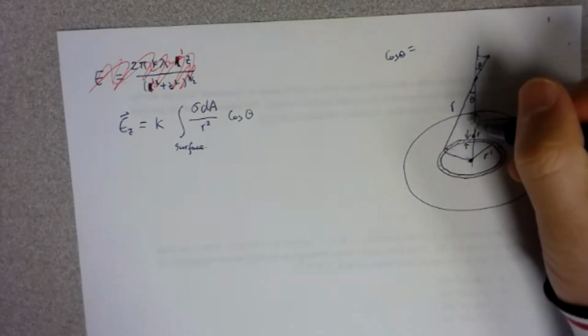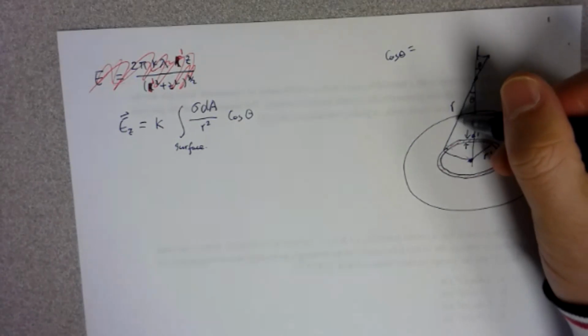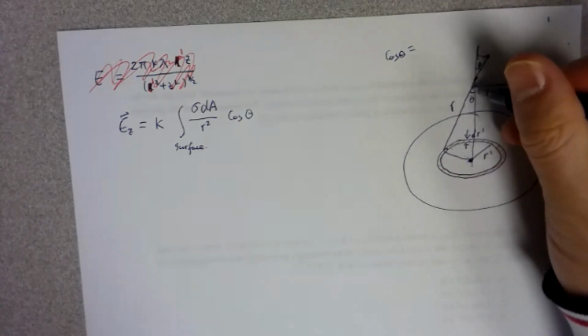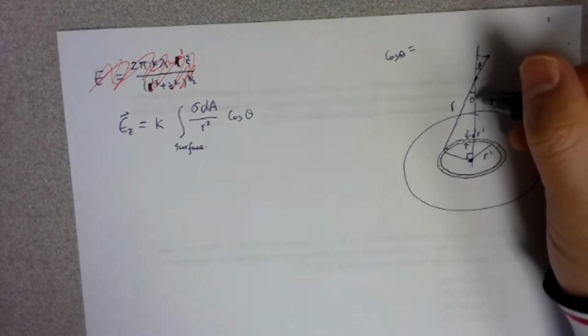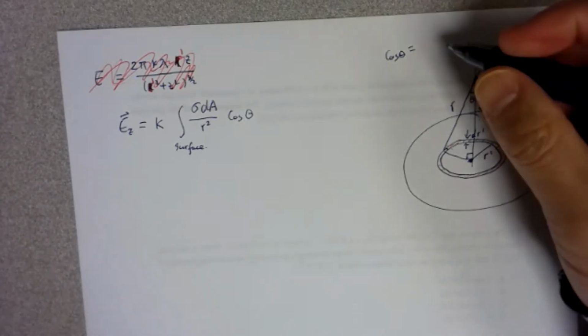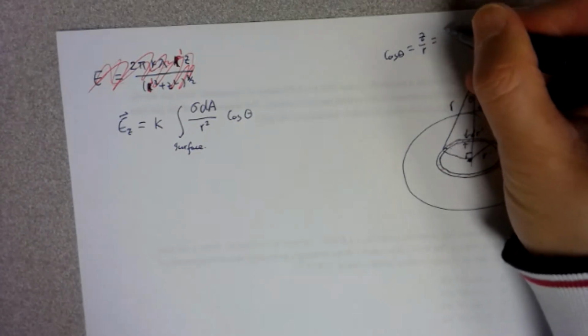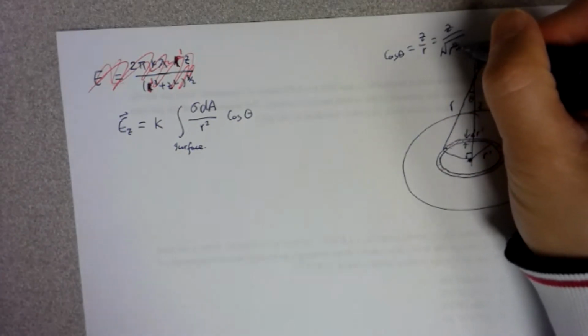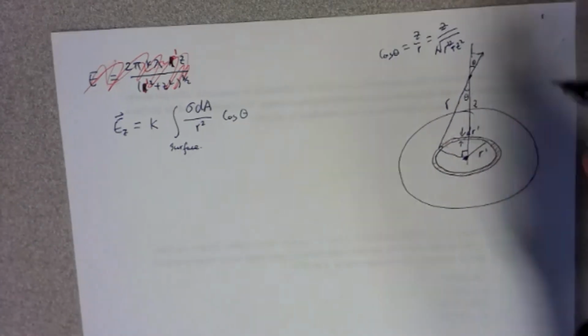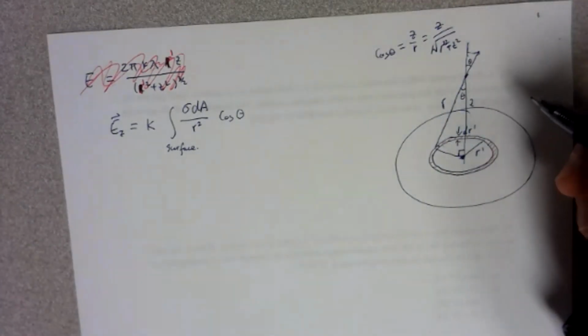You might need to use a little bit of imagination. This is the hypotenuse, and this is the right angle down here. So this is z over r, which is z over the square root of r prime squared plus z squared.